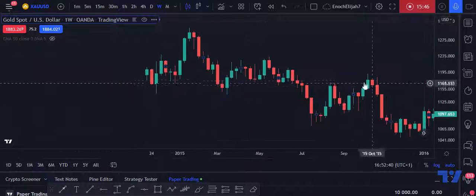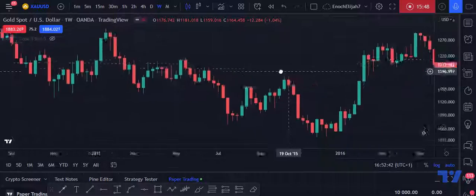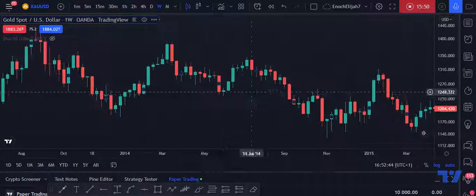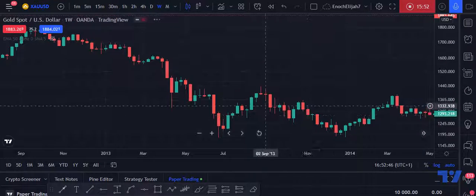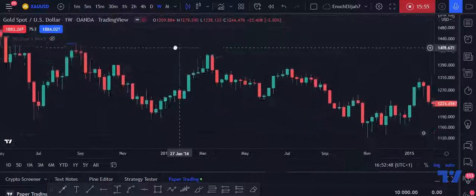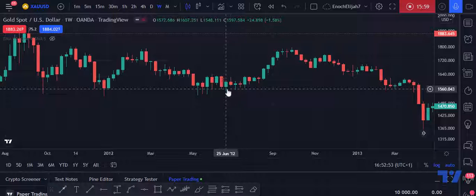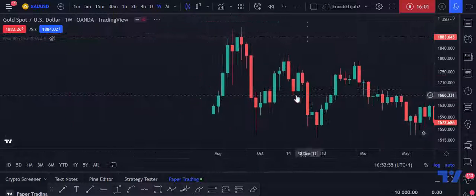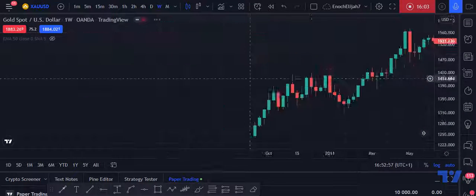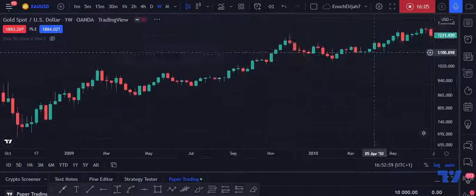So some stay away from ranging markets, while some take the risk and trade the ranging market nonetheless. But know that you have to look for the bottom and the top to enter your trades. So it's very easy and simple.